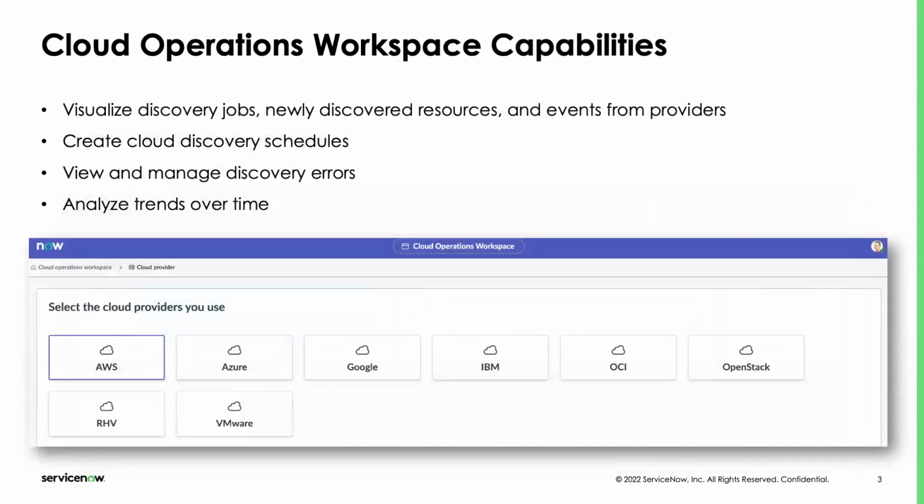Now, in the demonstration in just a few moments, we're going to hone in on the specific widgets that were designed to help you achieve things like we see listed on the screen here: to visualize your cloud-specific discovery jobs, take a closer look at the resources that were pulled into your CMDB as part of those cloud-specific schedules, take a closer look at the events that have come from our cloud providers to get near real-time visibility into our CMDB, create and modify cloud discovery schedules from the designated workspace, view and manage our discovery errors, and use some cross-platform automation to get those errors remediated faster.